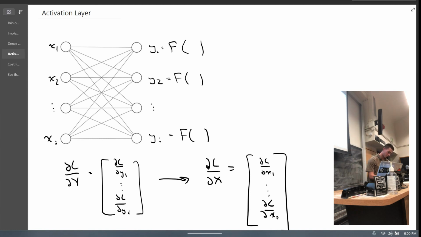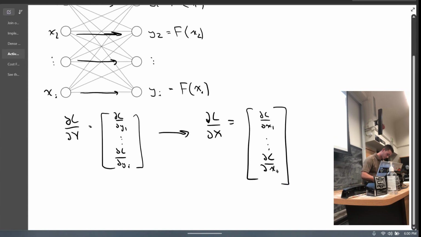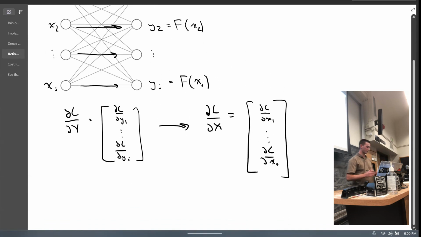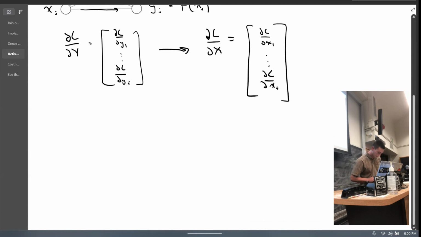So a more accurate architecture would look like this, where each y is just a function of the corresponding x. Right, because all the x's already carry all the information that corresponds to the linear combination of the previous layer.